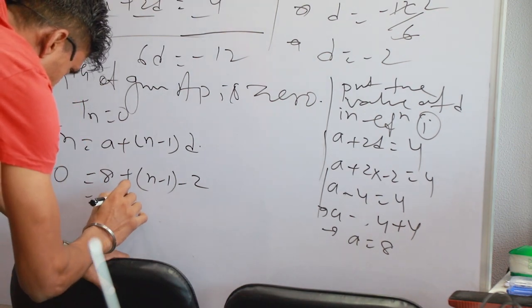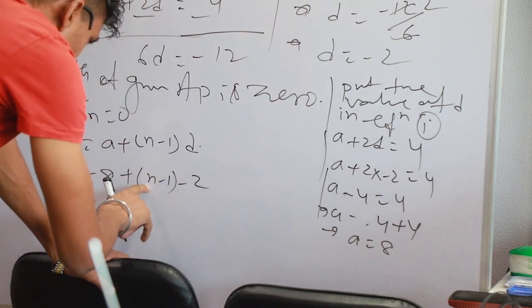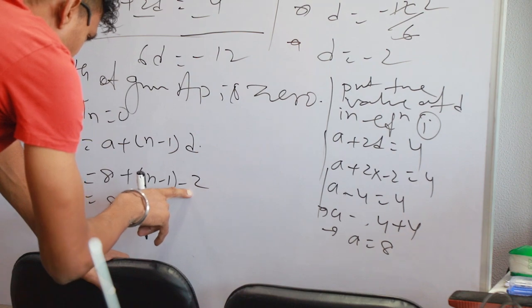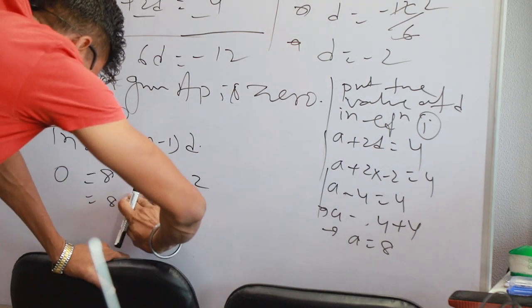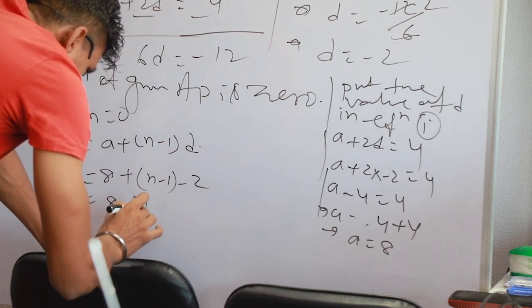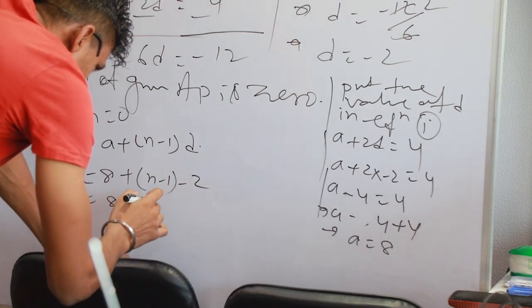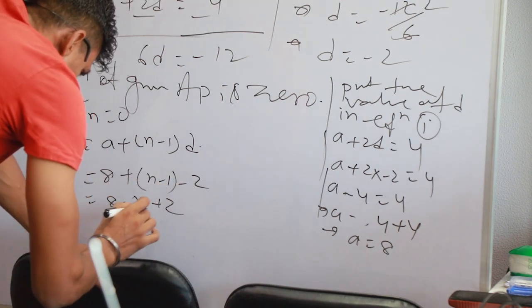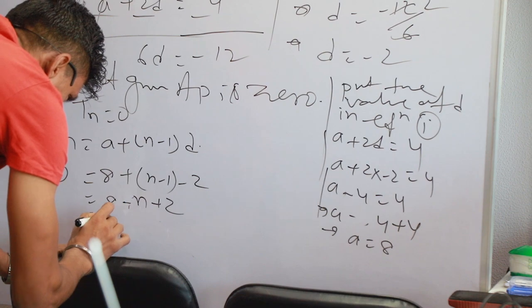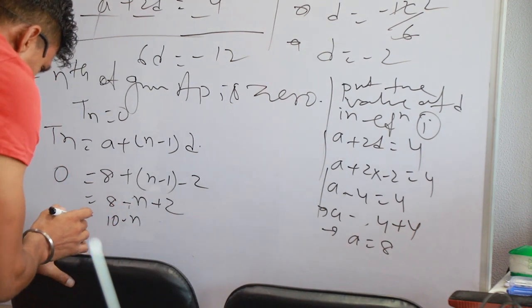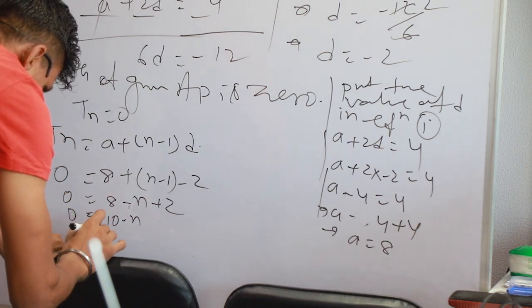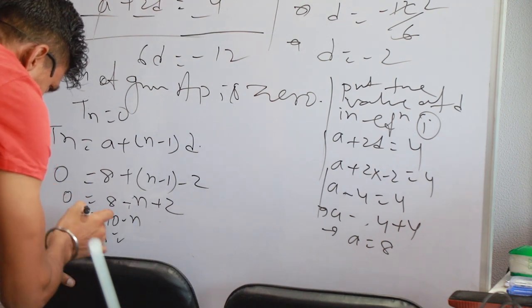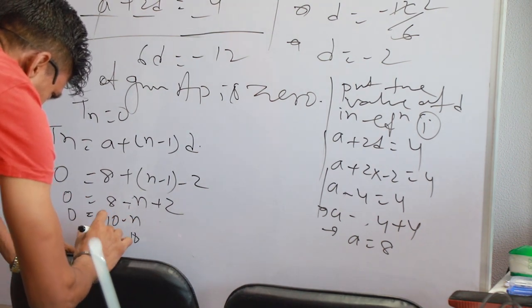That means 8 plus n minus 1 into minus 2, so directly minus 2n, and minus into minus plus 1 into 2, 2 plus 2. So here we have to write n minus n is equal to 0. So n equal to 10. n उधर चल जाएगा, क्या हो जाएगा? प्लस हो जाएगा, n equal to 10.